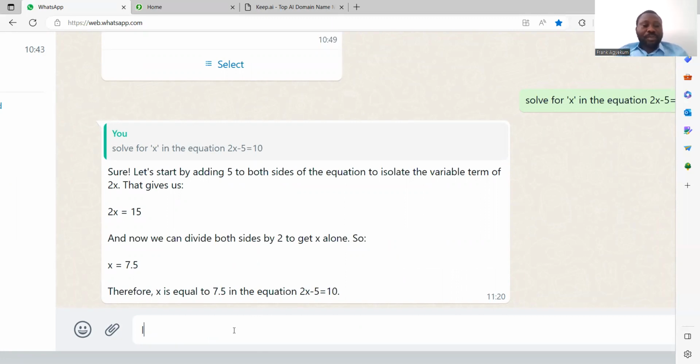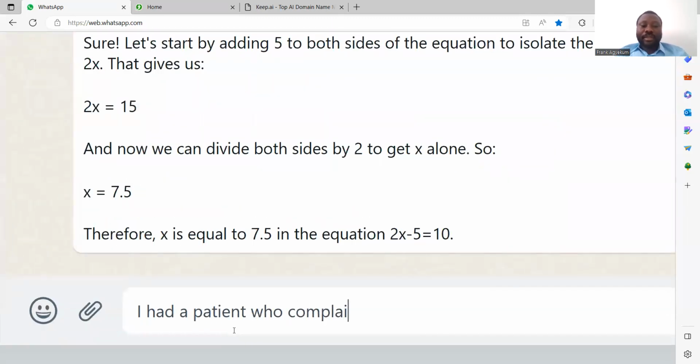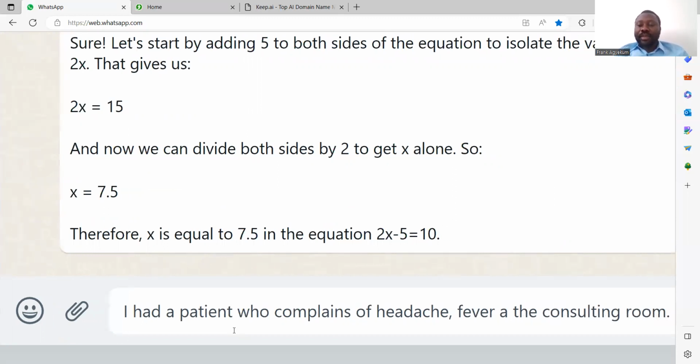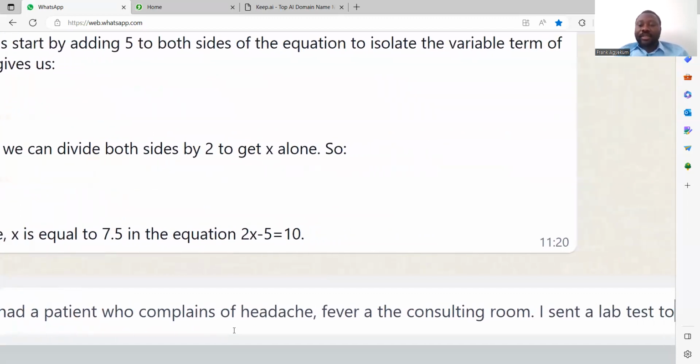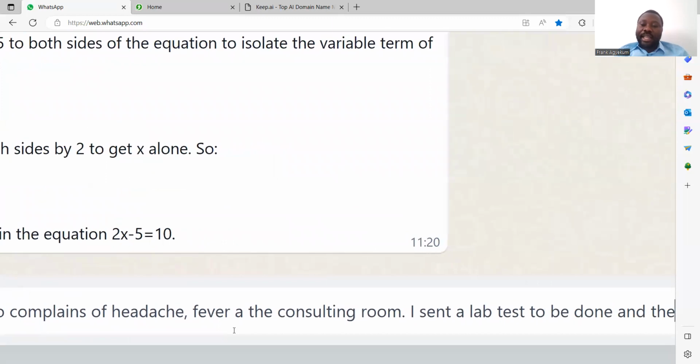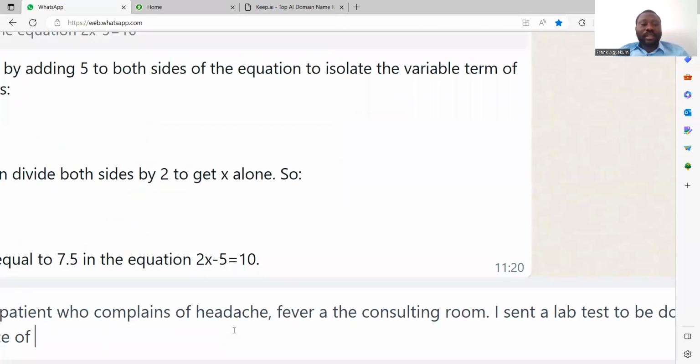Okay, so I had a patient who complains of headache and fever at the consulting room. I sent a lab test to be done, and there was evidence of malaria parasite in the blood.